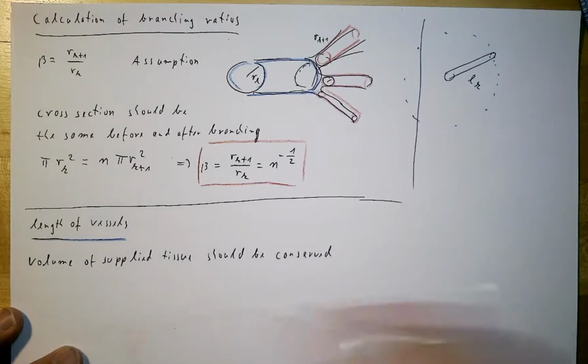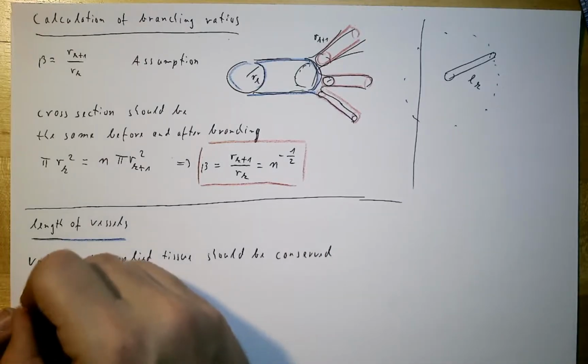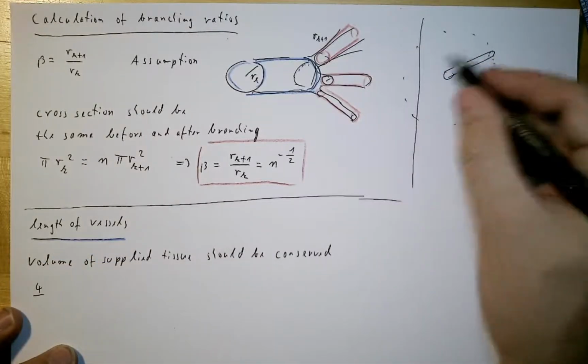By branching. So let's write down the volume. Let's assume we have here a simple sphere.